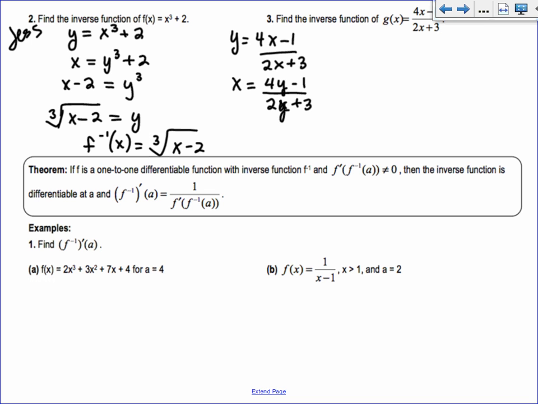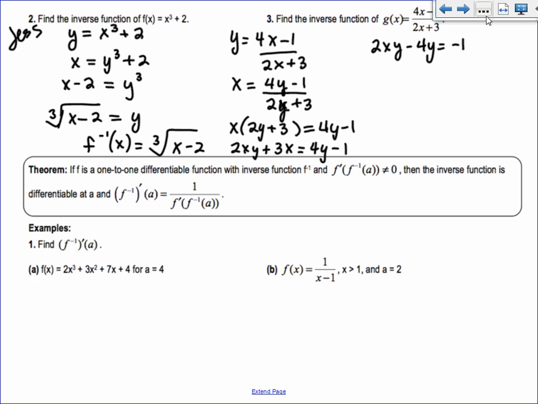First we're going to multiply the denominator over, so I'm going to have x times 2y plus 3 equals 4y minus 1. So I get 2xy plus 3x equals 4y minus 1. And then get all the y's on one side, just like you did with the dy over dx stuff. So I'm going to have 2xy minus 4y equals negative 1 minus 3x.